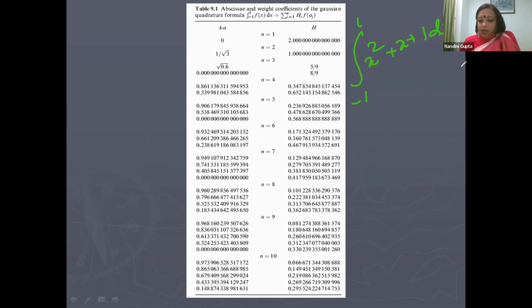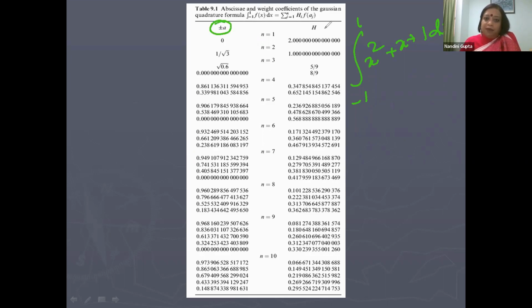Now, this is something that you can integrate. So you can integrate and find the exact value, and then you can validate. Now, this is your Gauss table. This is the table of abscissas and weight coefficients of the Gaussian quadrature formula. Integral from -1 to 1 of f(x) dx is equal to summation i equal to 1 to n of w_i f(a_i).